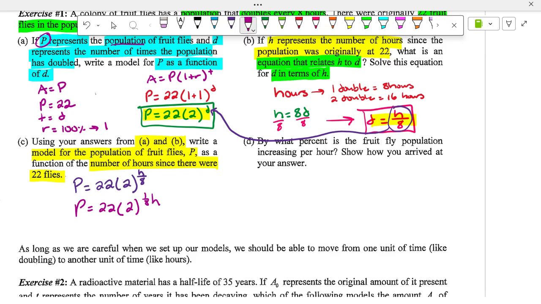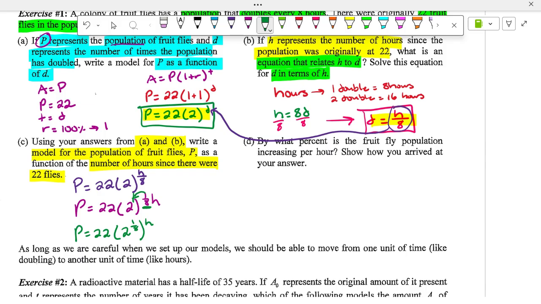So we're going to do the power rule with the 1/8, multiplying it to the exponent connected to that 2, which in this case is 1. So P is equal to 22 times 2 to the 1/8 h.